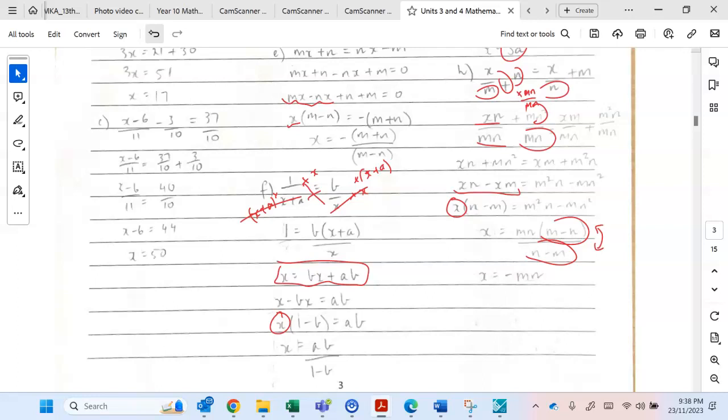But I can just change this numerator to be n minus m if I was to multiply it by a negative. Okay, so that's why we end up with that negative there. So just changing this bracket here to be n minus m then allows me to cross them out, and I'm just left with negative m times n, what x equals. Okay.